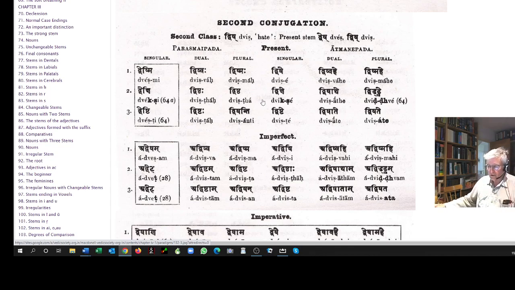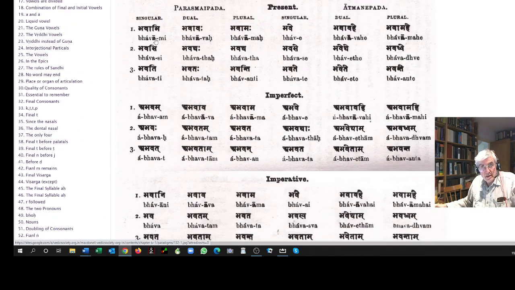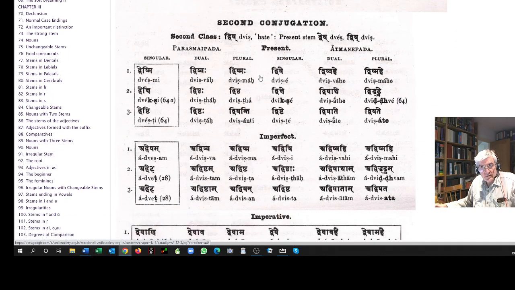Class 2 is that the endings, the same endings as for the previous conjugation, the mi, si, ti, and so on, ma, ta, anti, all the same endings, but they're just added straight onto the root without any intervening vowel or infix.